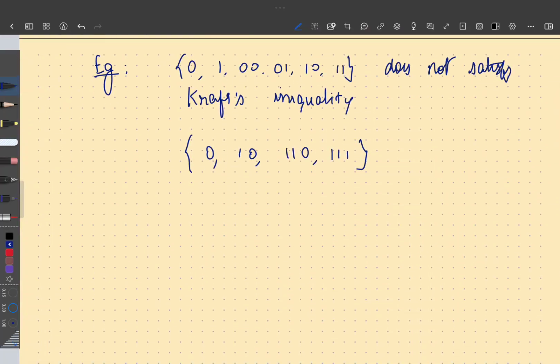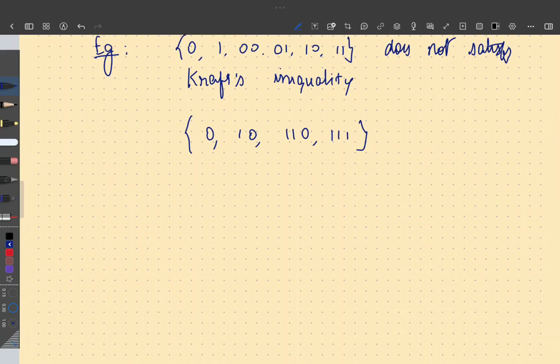Basically you take any two distinct symbols, then one of the corresponding strings is not a prefix of the other. So if you sum 2 to the power minus the lengths, then you get half plus 1/4 plus 1/8 plus 1/8, which is exactly equal to 1. And because this is prefix free, this satisfies Kraft's inequality.